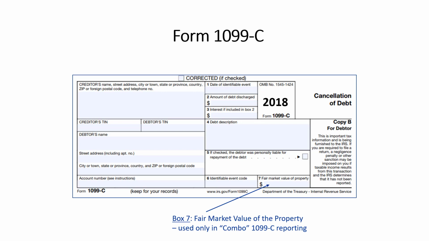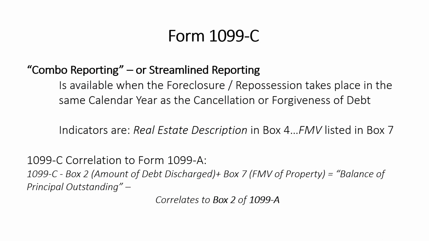Box 7 lists the fair market value of any property. This is used only in what we call combo 1099-C reporting. So what is combo reporting? Combo reporting or streamlined reporting is available when the foreclosure or repossession takes place in the same calendar year as the cancellation or the forgiveness of debt. Some indicators are real estate description in Box 4 or fair market value listed in Box 7.